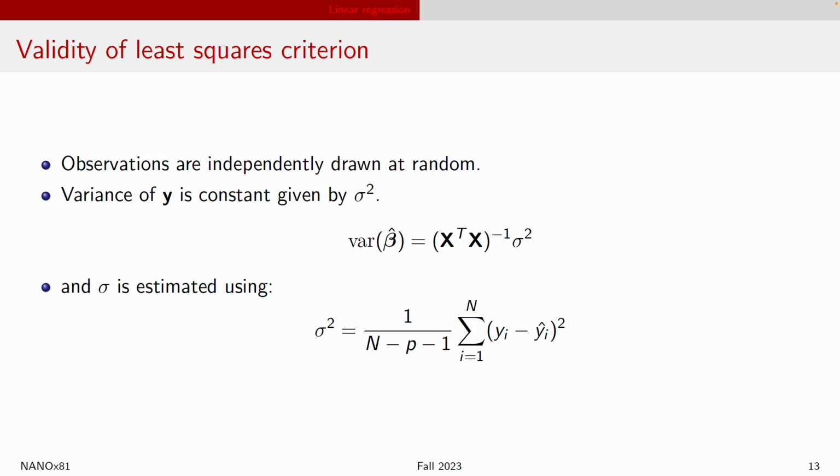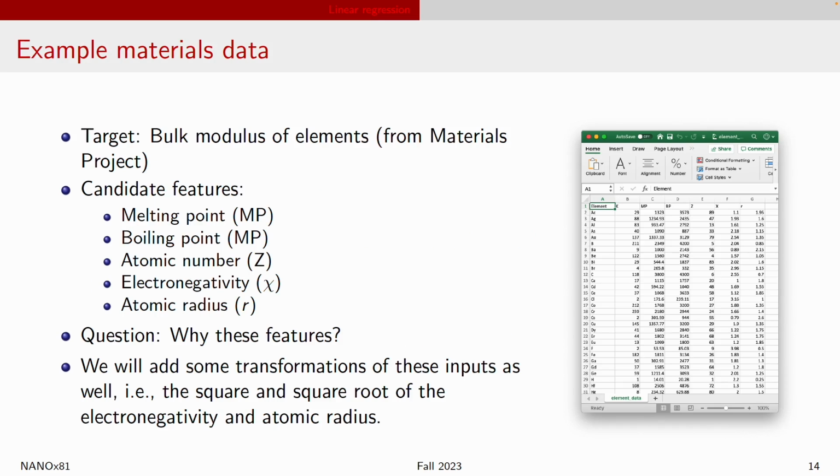Now, I'm going to show you how to do multiple linear regression using scikit-learn. This is also a useful way to show you the API of the scikit-learn package, and how you can predict certain properties of materials using certain features.